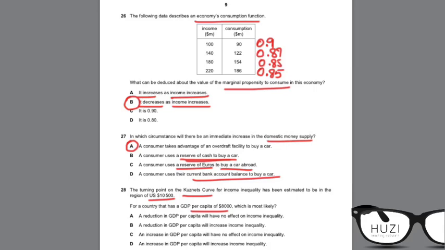Okay, this one's a bit tough. A reduction in GDP per capita will have no effect on income inequality. A reduction in GDP per capita will increase income inequality. An increase in GDP per capita will have no effect on income inequality. An increase in GDP per capita will increase income inequality.